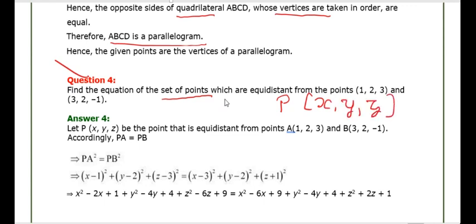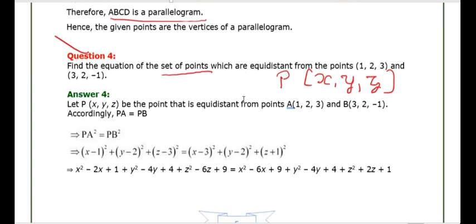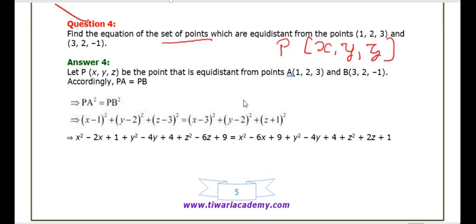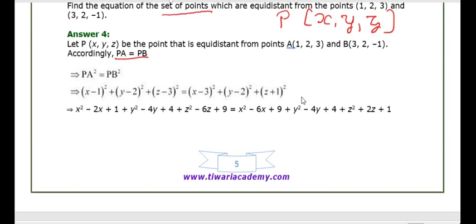Such type of questions are there in 10th standard also, and same thing we are repeating over here. Now the relation between point P and the remaining 2 points is given, that P is equidistant from A and B. Alright, so PA equal to PB. So square on both sides, PA square equal to PB square.